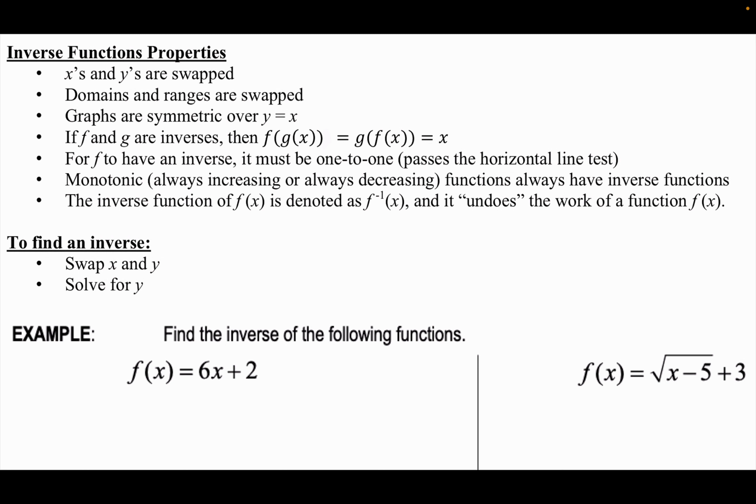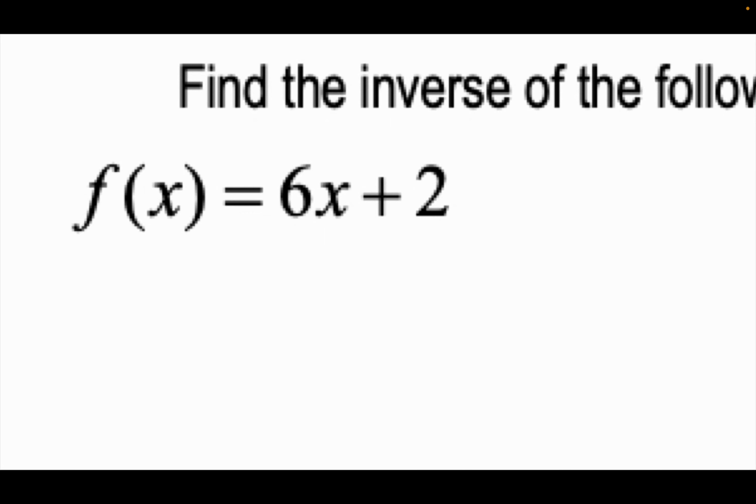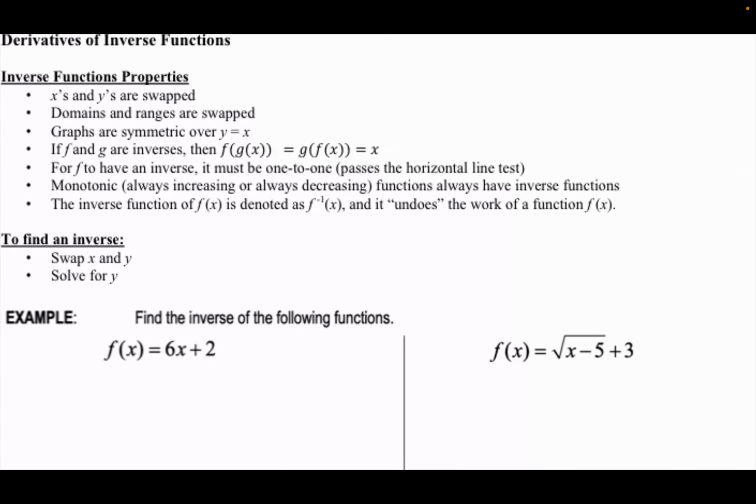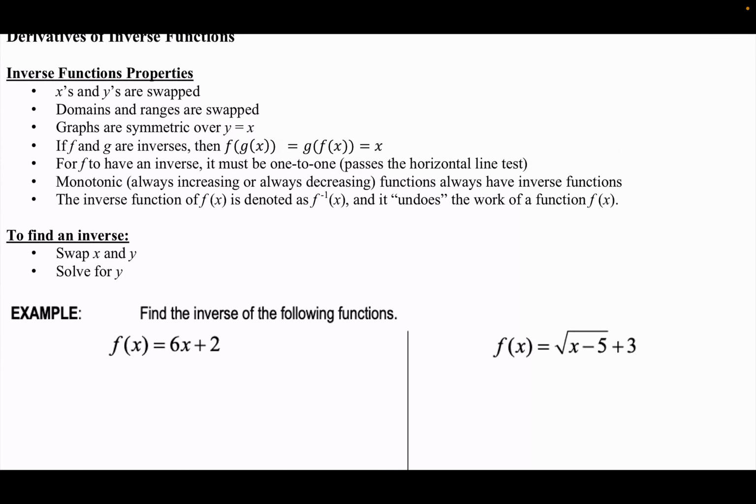And for it to have an inverse, it has to pass that. So the easy way to tell is the degree has to be odd. This degree here is 1 because it's x to the first power. That's the highest. So we can't do any x squareds or x to the fourths. If that's the highest power, then it won't have an inverse.